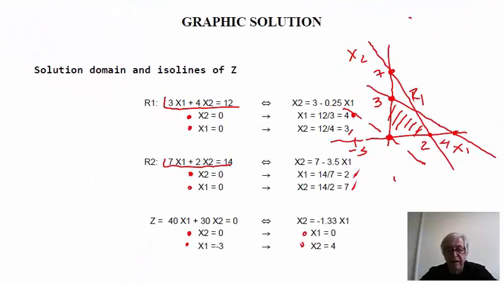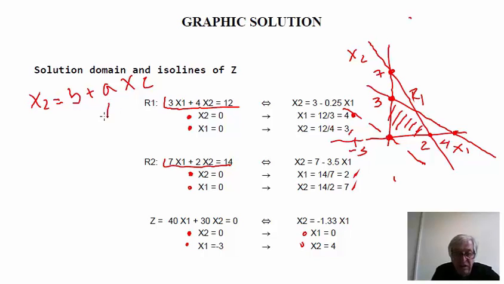With these lines, we can extract more information that is useful. So, for example, if we rewrite these equations in this way, we can extract this coefficient, which represents the inclination of the lines.